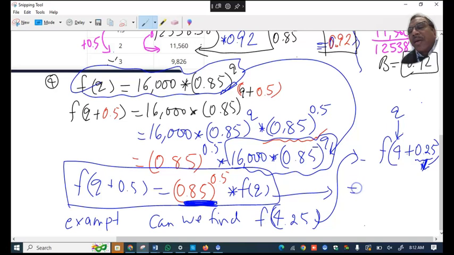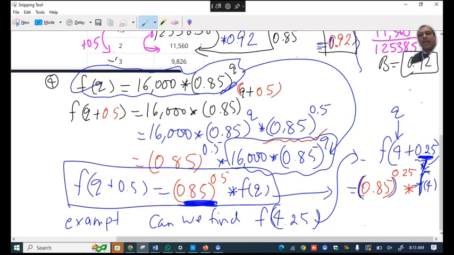So your answer can be written as the decay factor that you knew before, which is 0.85, raised to this 0.25 and multiplied by f of 4. So you just raise the base 0.85 to the power of this piece and multiply by what you knew before, f of 4. Make sense?